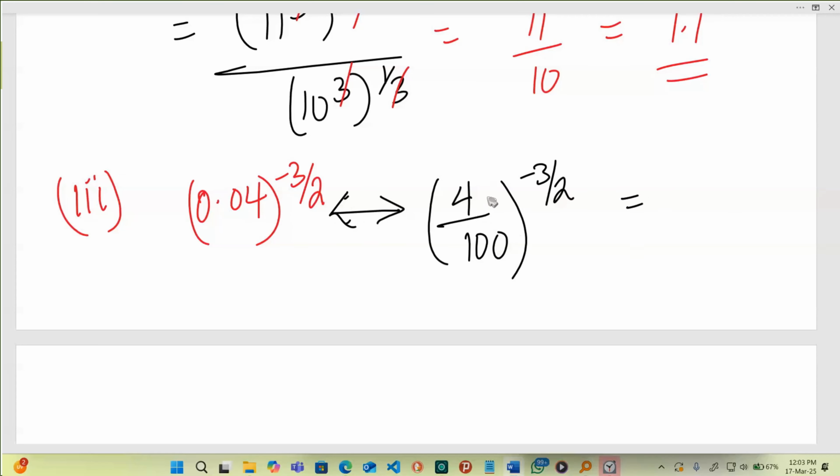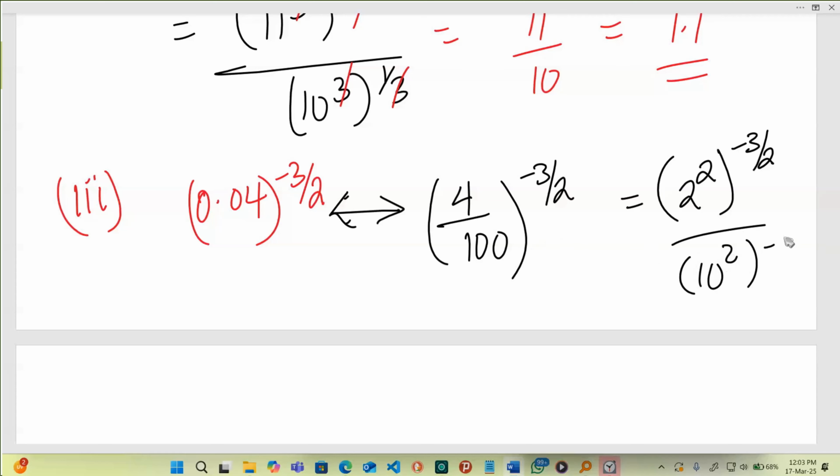So what number can I raise to a power 2 and it remains to be 4? It will be 2 squared, power negative 3 out of 2, divided by 10 squared, because 10 squared is the same as 100, also raised to a power of negative 3 out of 2. Okay, let's do it like our first number.